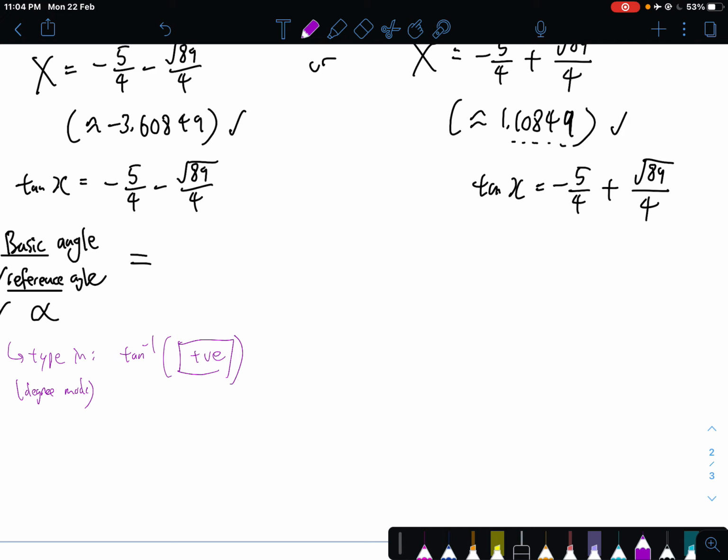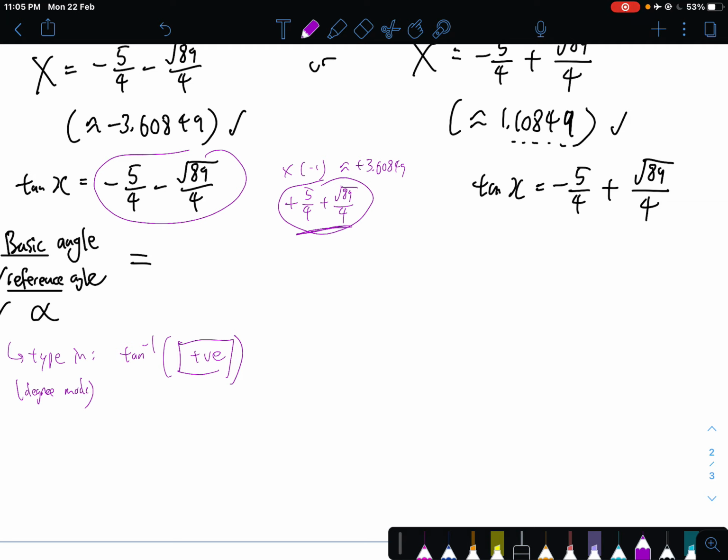So what do we have to do? We take this quantity and multiply by -1. What do you get at the end? You get a plus 5 over 4 and a plus square root 89 over 4. So that positive version is approximately positive 3.60849 and so on. This is what you have to type in the calculator.